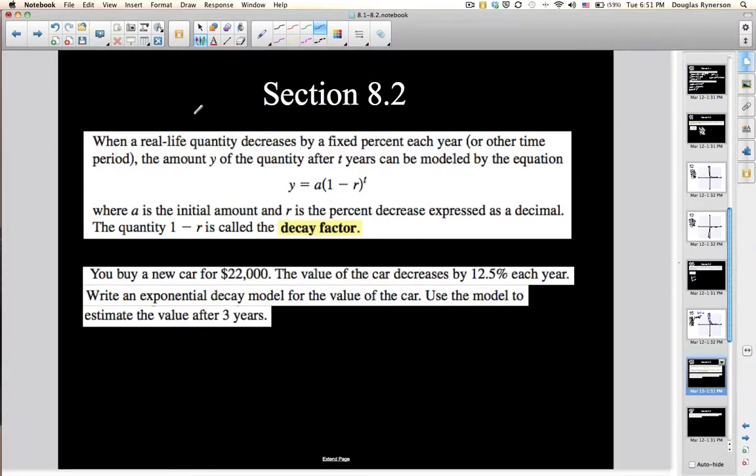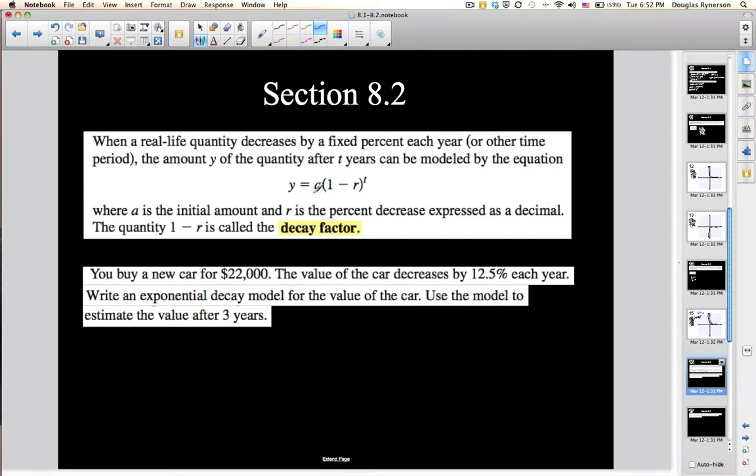So what does a decay function model? In financial terms, a decay function would model the depreciation of value. An exponential growth function would show the appreciation of something in a compound way, for instance a bank account that earns compound interest. The decay function will model something that decreases in value, like depreciation.